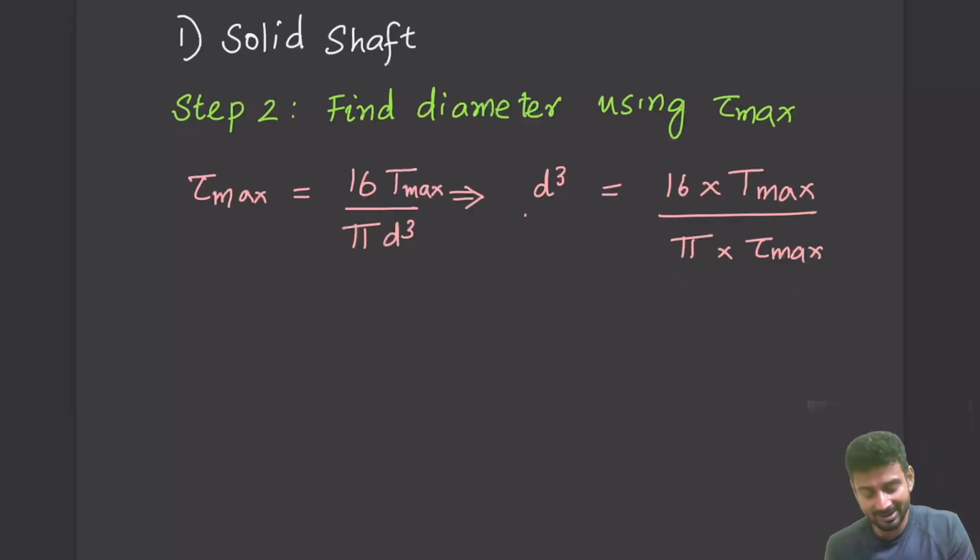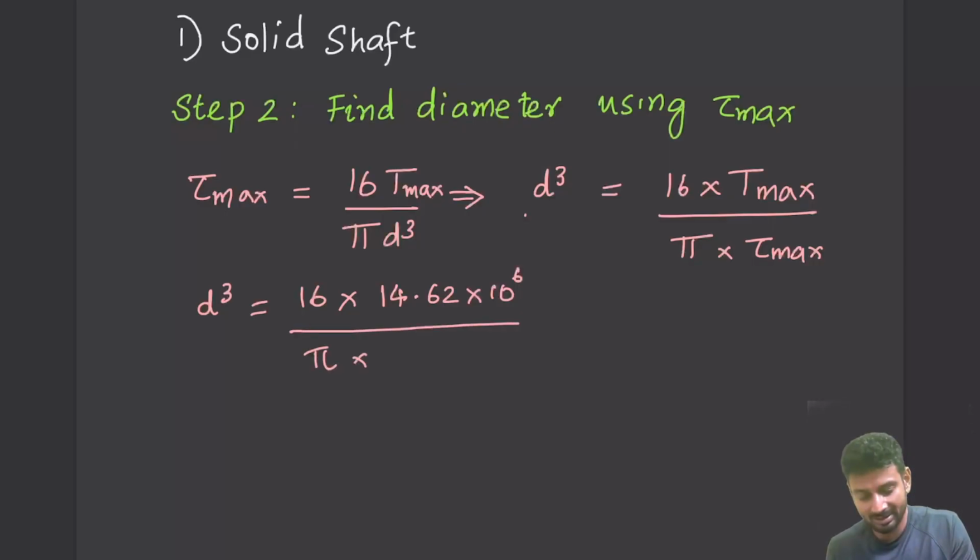So let's calculate the value of D. D cube equal to 16 into T max, which we have calculated as 14.62 into 10 raised to 6, divided by pi into tau max, which is 40. When you calculate this, the value would be 1.86 into 10 raised to 6.